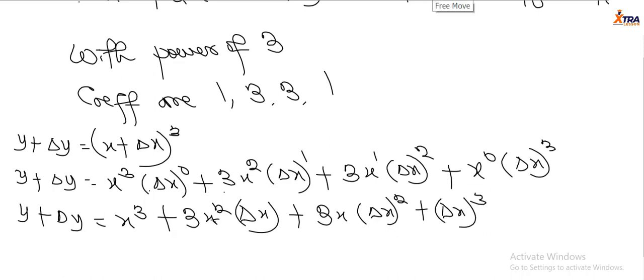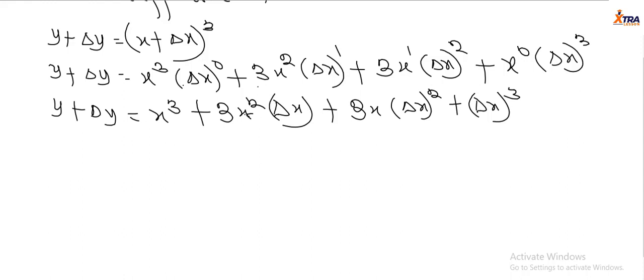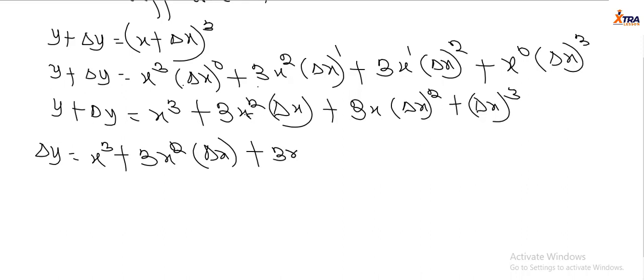So we now take y to the other side. We have delta y equals x to the power 3 plus 3x squared delta x plus 3x delta x all squared plus delta x all to the power 3 minus y.